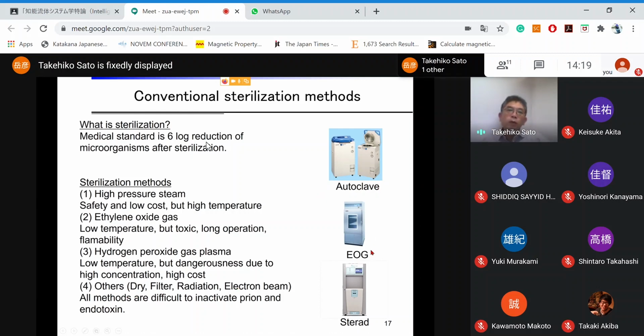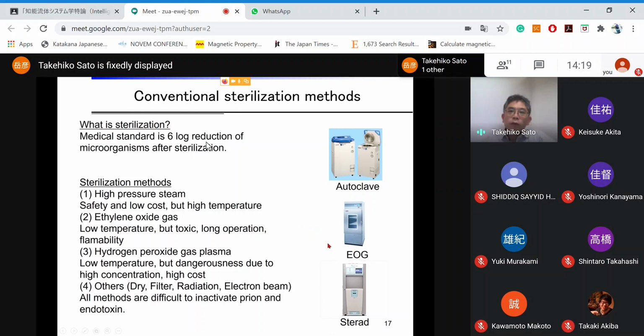and EOG. And recently EOG is reducing because ethylene oxide gas has toxic property and it's dangerous. So the government wants to reduce ethylene oxide gas.